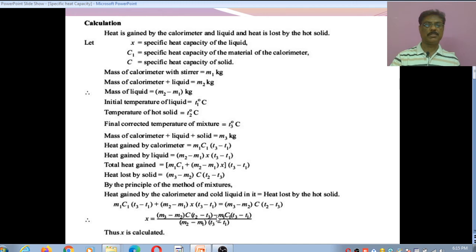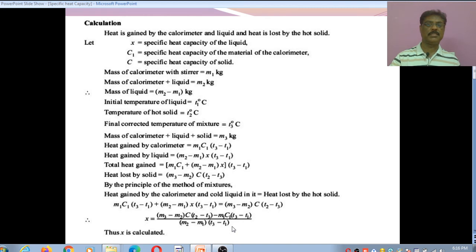The term m1 C1 into (T3 minus T1) goes to the right side, and this plus term becomes a minus. And the term (m2 minus m1) into (T3 minus T1) will come in the denominator.